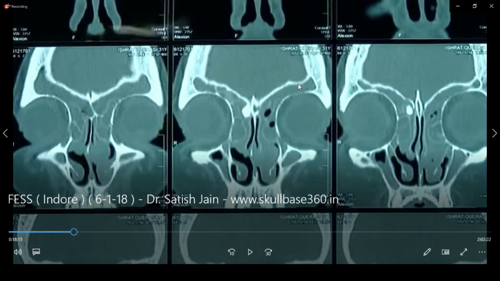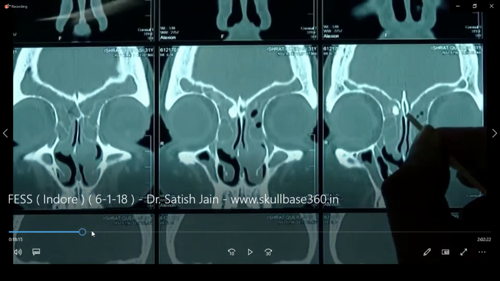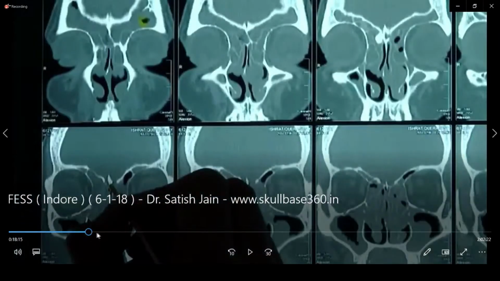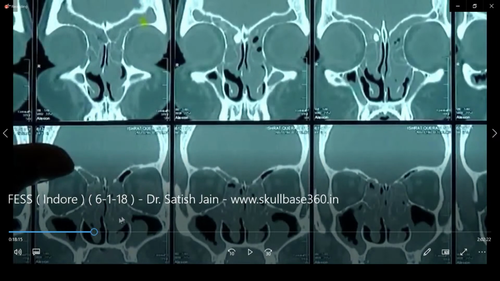We are seeing this supraorbital pneumatization, complete opacification of the ethmoidal cells all the way to the cribriform plate, with a good configuration, not a very deep cribriform. See, these are important catch points, important points to be taken into consideration. This is the level of the anterior ethmoidal artery.